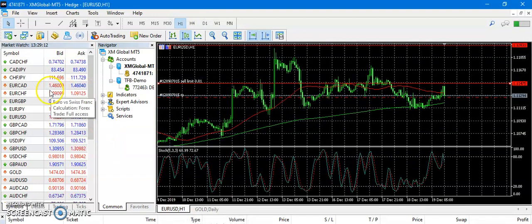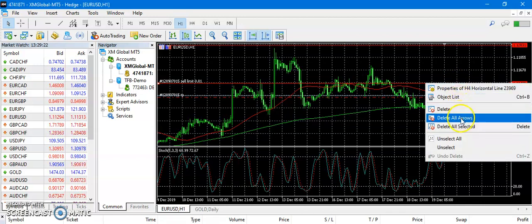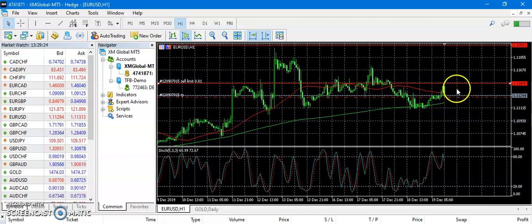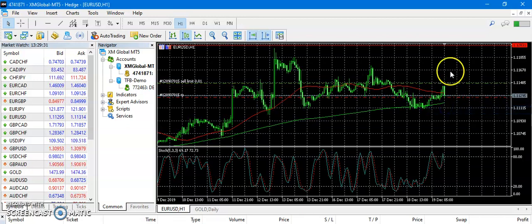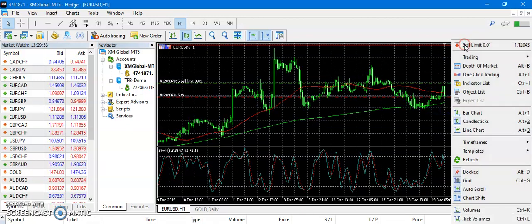So we're going to be looking at how to use different tools today. I actually have some tools already on my chart, so I want to try and remove all of them so that it will be very clear what we're trying to do here.